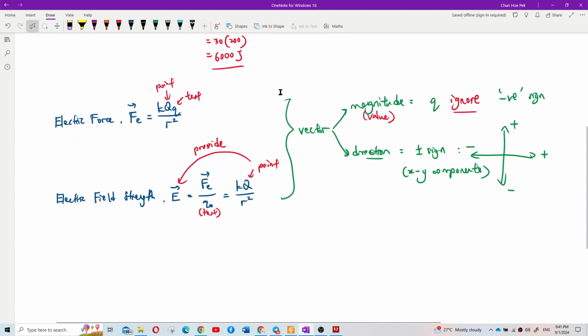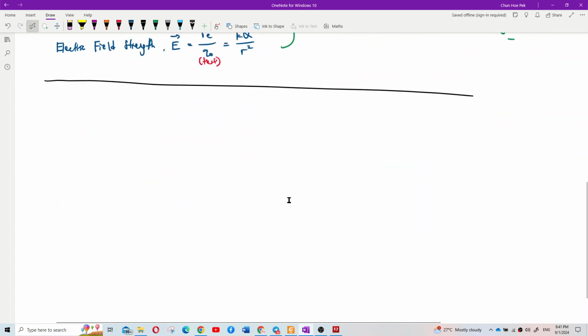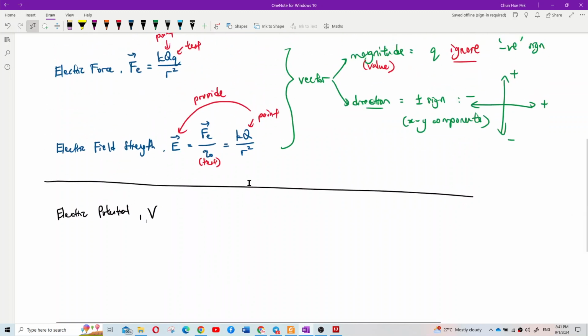Okay, now later on we talk about potential. So now we learn about electric potential, V. What is the formula?